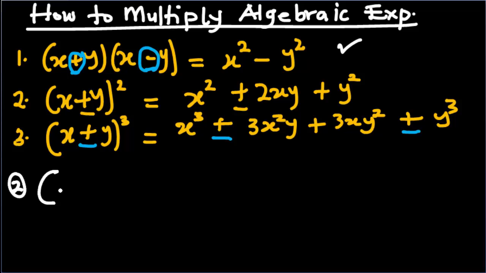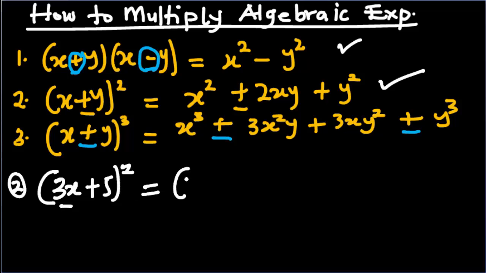You have (3x plus 5) all squared, and this corresponds to formula 2. In this case the sign is plus. So we square this, we multiply this by 2, then we square this.